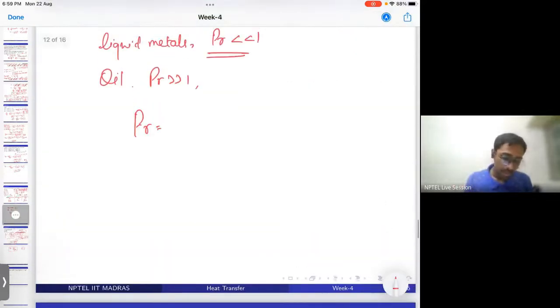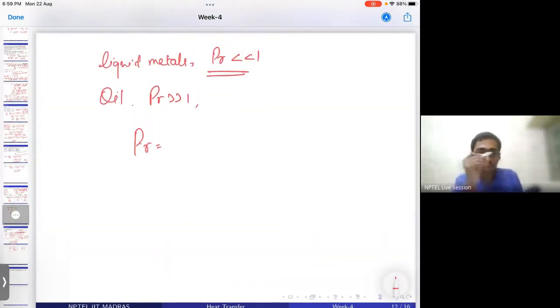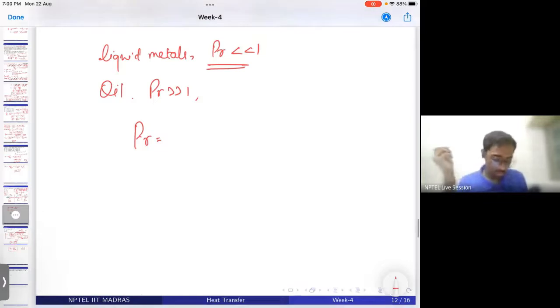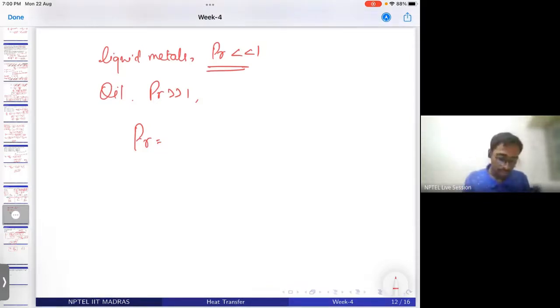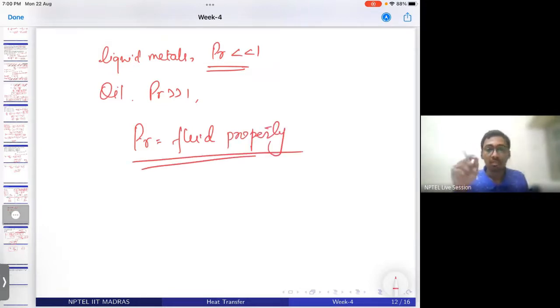Now I'm going back to the previous question. The Prandtl number is a fluid property. It does not depend upon the type of flow or the geometry. It's a property of a fluid, just like thermal conductivity, viscosity, specific heat, like that.